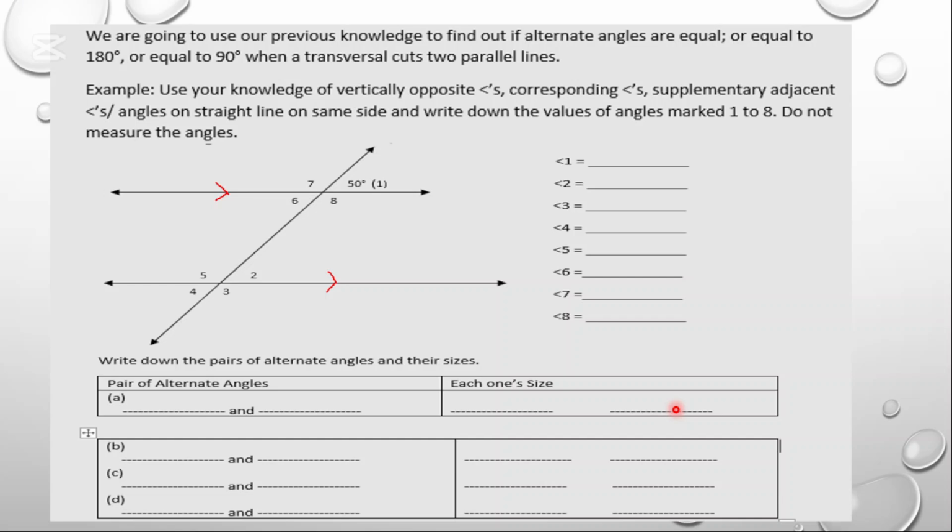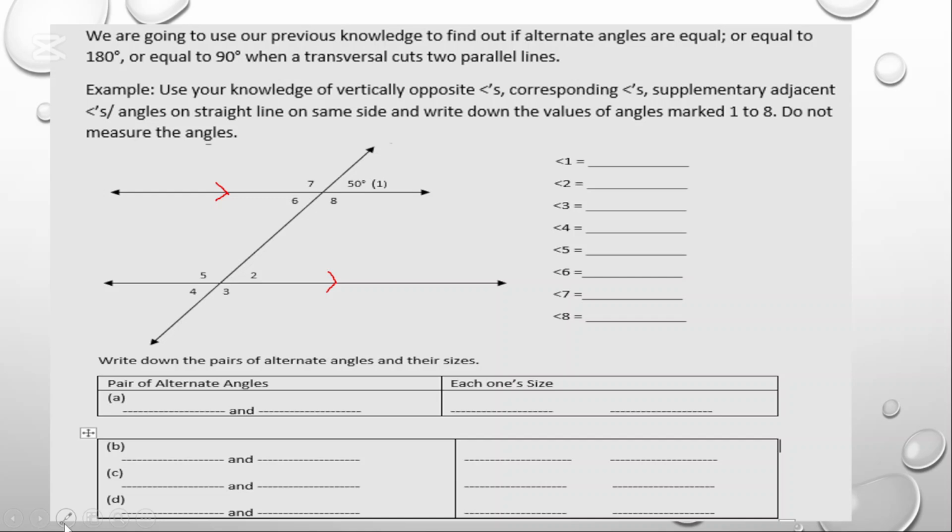Example, you must use your knowledge of vertically opposite angles, corresponding angles, supplementary adjacent angles on a straight line, and then you must write down the values for me from angle 1 to angle 8. But we are not going to measure angles. We are going to use our previous knowledge to work out the values of all the angles.